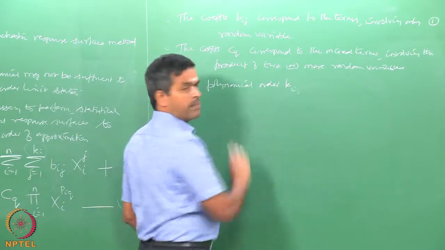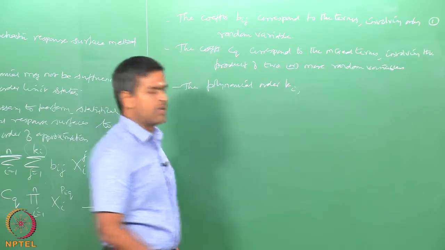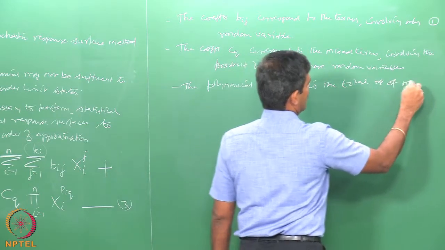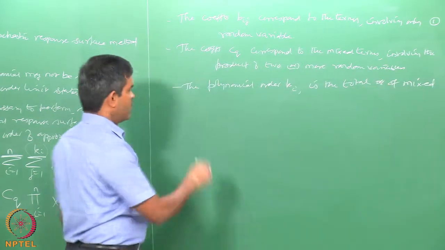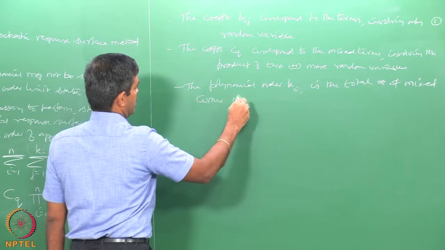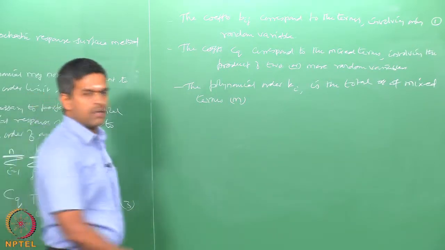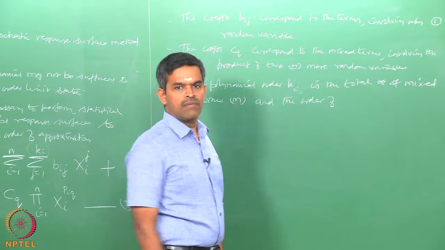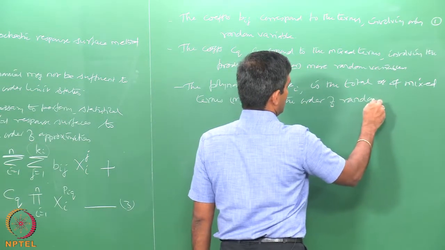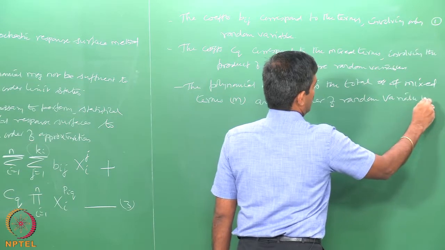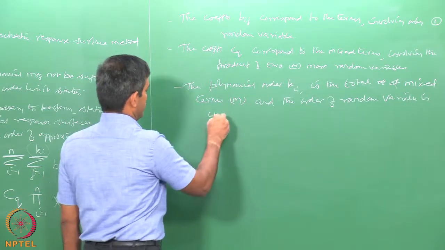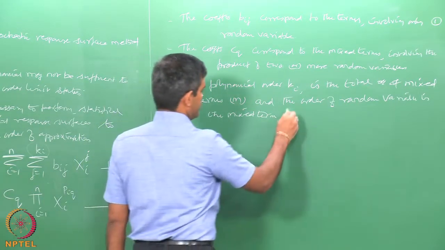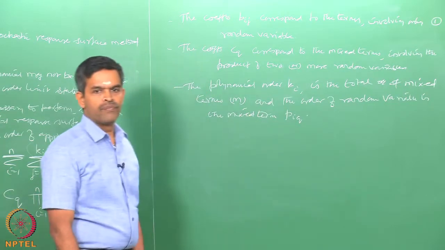the polynomial order k_i, let us say, is the total number of mixed terms m, and the order of the random variable in a mixed term p_iq.